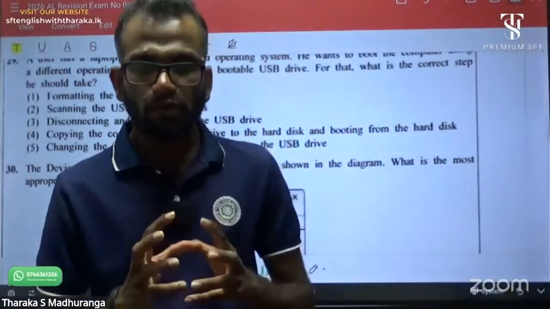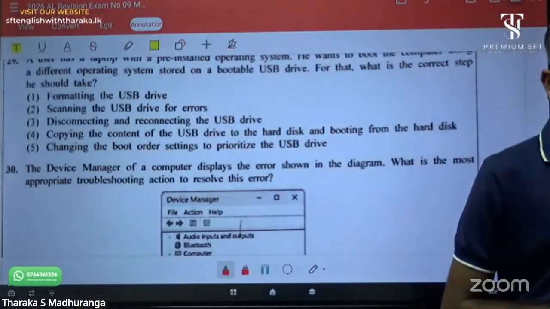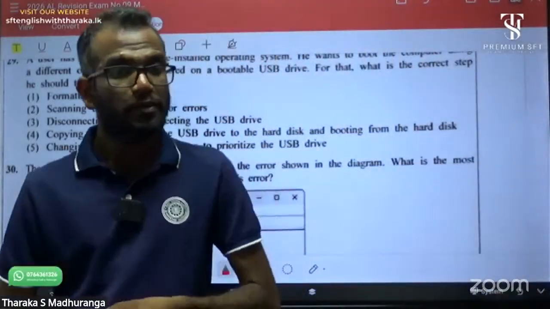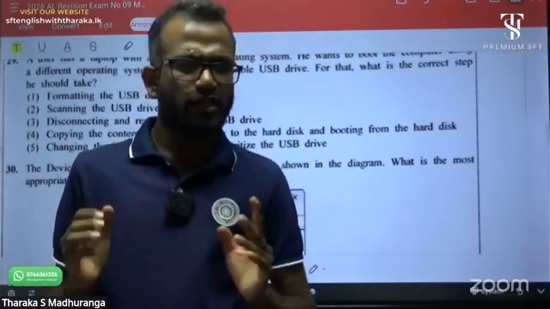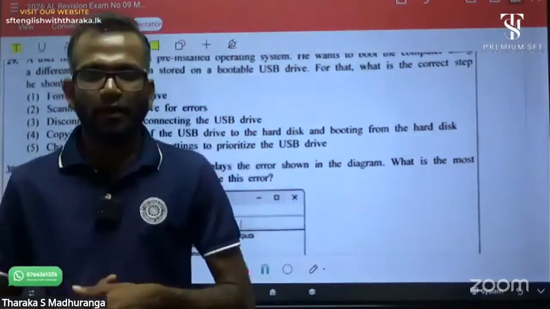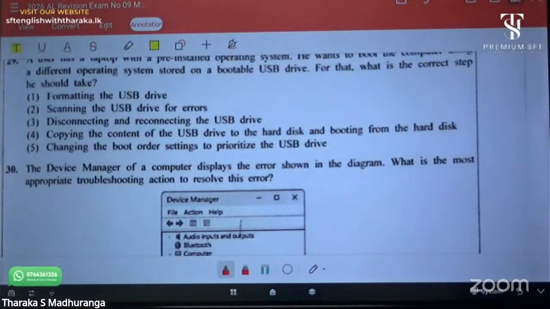It is very important to face the structured fourth part, and I hope to do some ICT practicals as well: Word, Excel and PowerPoint. Any doubt? Joel, please go through these questions again.